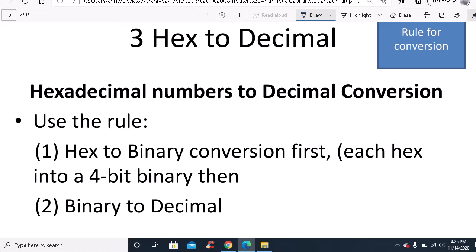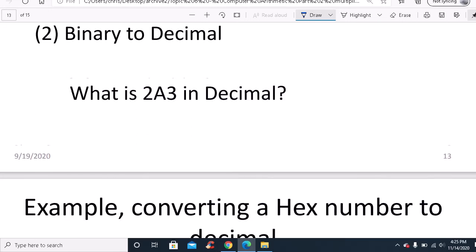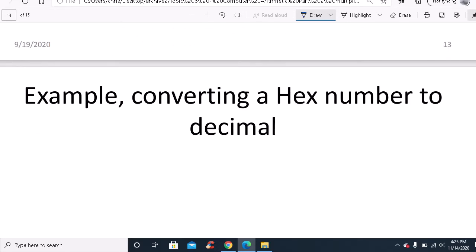Then you convert the overall binary sequence to a decimal number. So the question is, what is 2A3? That's a perfectly good hex number. What is it in decimal? How does it convert? So let's do that.